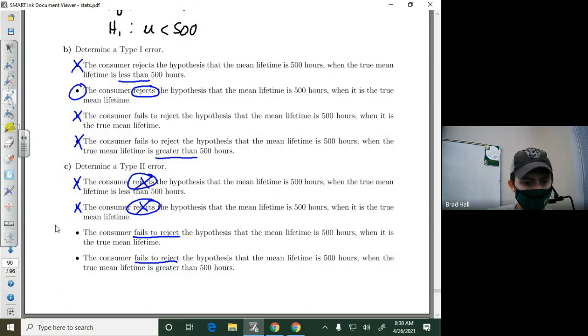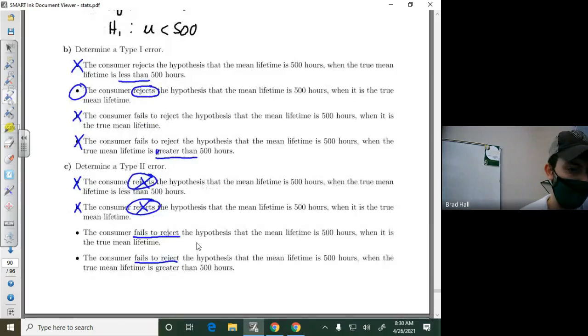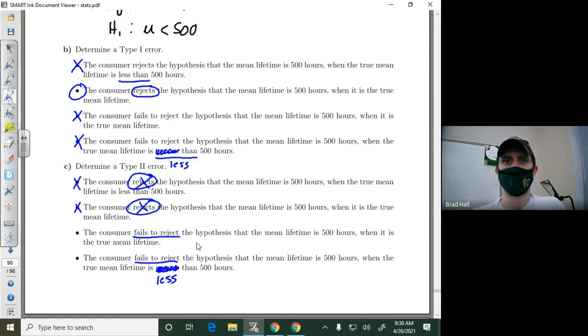When it is the true mean lifetime, or when the true mean is greater than 500 hours. And again, like I said before, greater than should say less than in both problems. If you have the notes typed out, they should say less than.